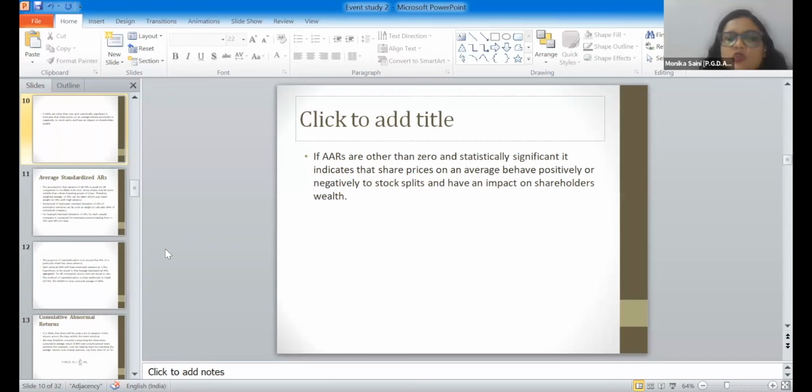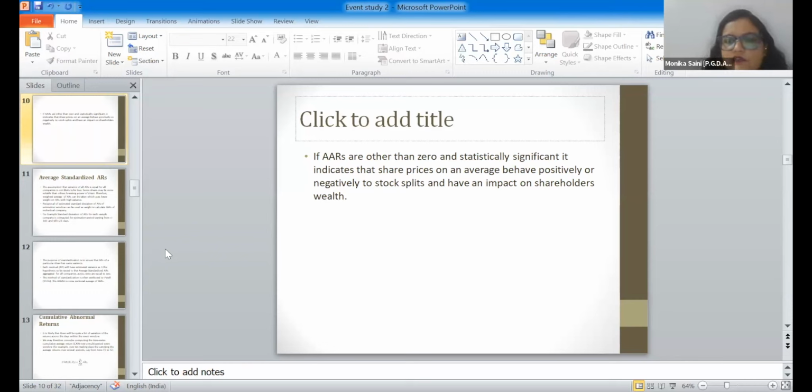Okay. So in the second part, I will be talking about the calculation for various companies. For example, in this case, I have taken 10 companies, or we can take more than that also.